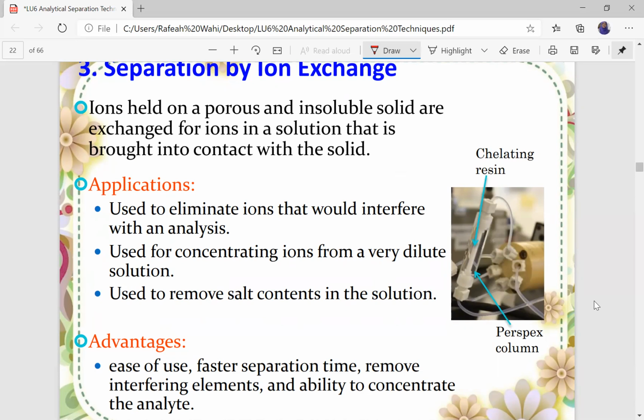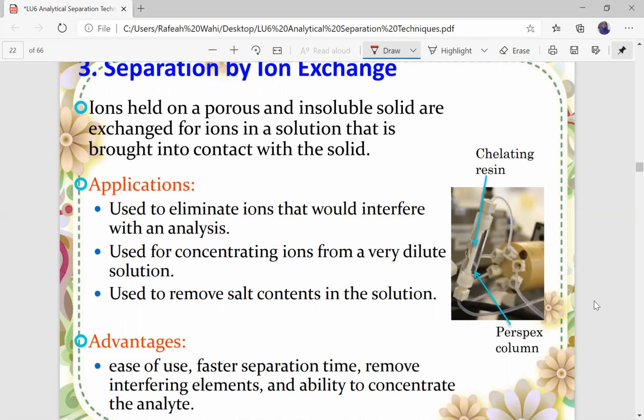There are some advantages of the ion exchange process: it is easy to use, it has a faster separation time, it can remove interfering elements through the ion exchange process just now, and it has the ability to concentrate the analyte. Why does it have the ability to concentrate the analyte?